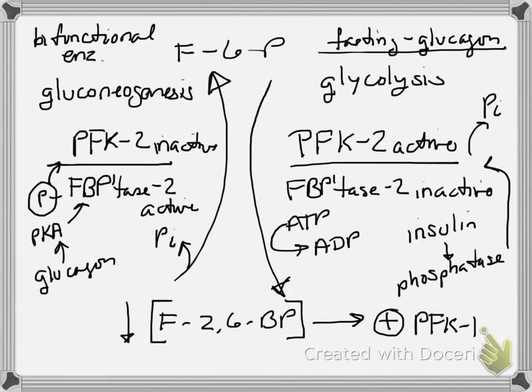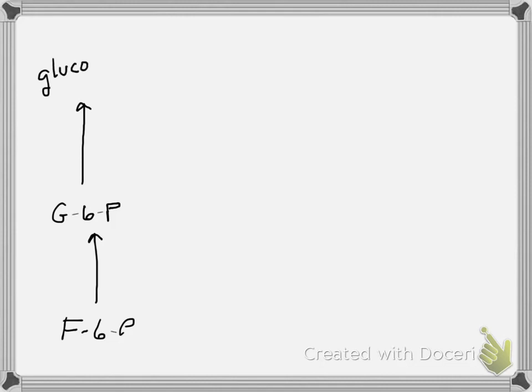Okay, now, we've got our PFK1 inhibited, so we're generating our fructose 6-phosphate. You know the next step, the phosphoglucose isomerase, making glucose 6-phosphate. And now we have to take this to glucose in order to complete gluconeogenesis. Okay, so we have another problem.